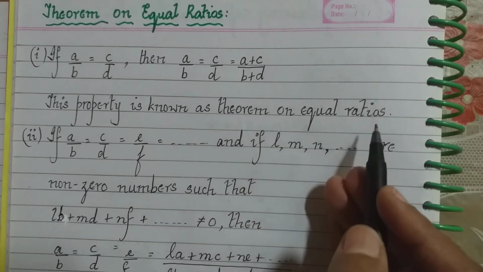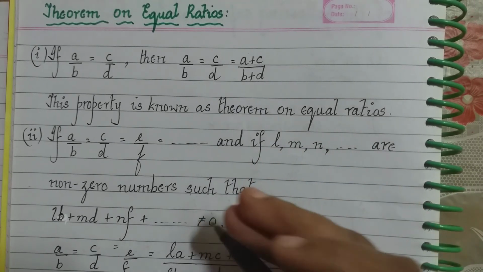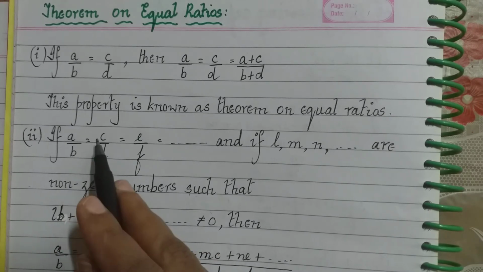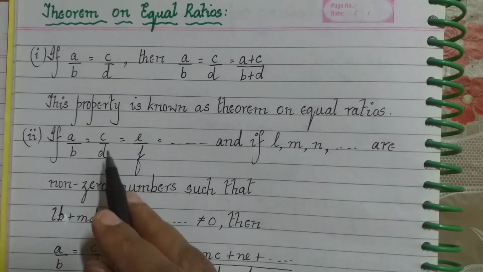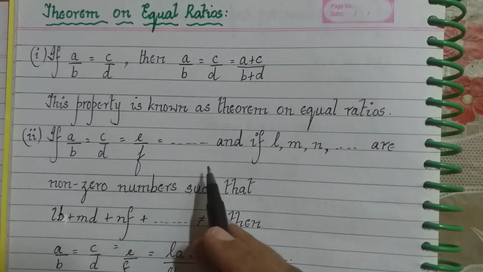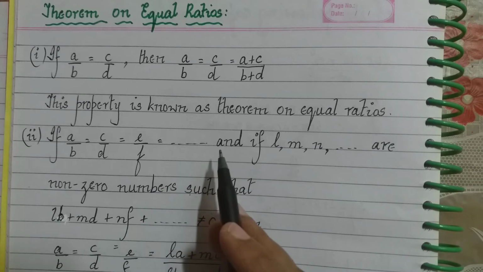Now there is a small extension of this theorem on equal ratios. What does that state? If A by B equal to C by D equal to E by F, and this continues, the number of ratios which are equivalent to each other.